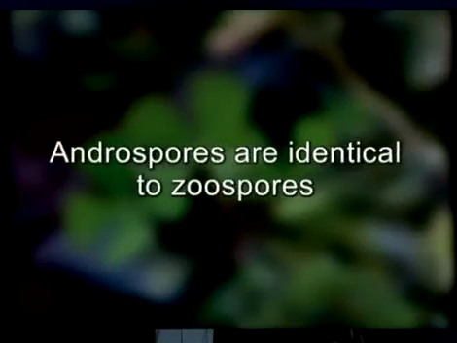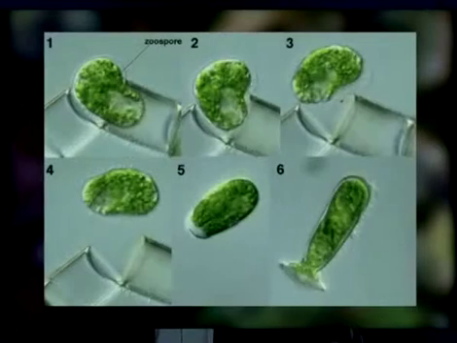These cap cells divide transversely into so many cells, and each cell develops a single androspore. The androspores are identical to zoospores, having the same crown of flagella at the base of the beak, and they are liberated in the same manner as the zoospores are liberated.